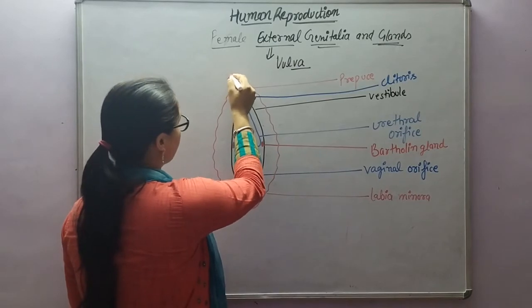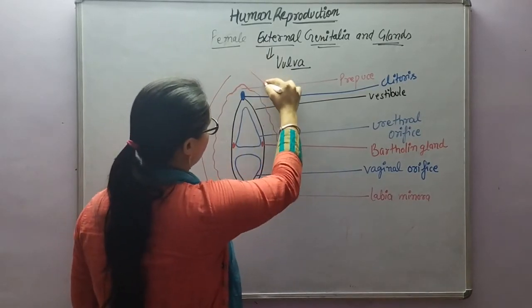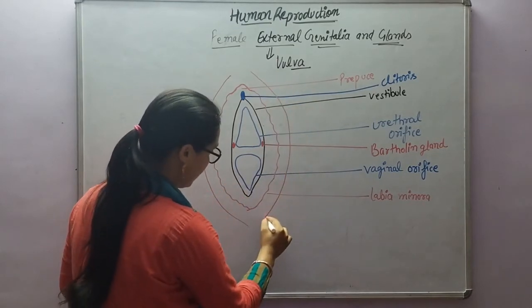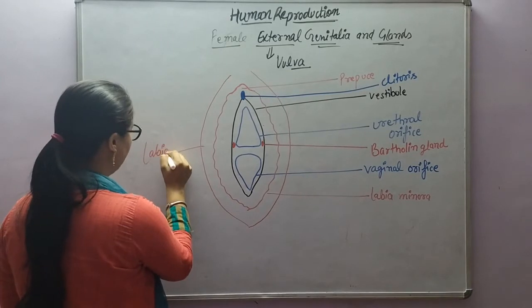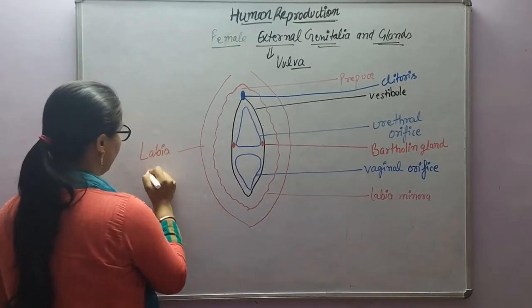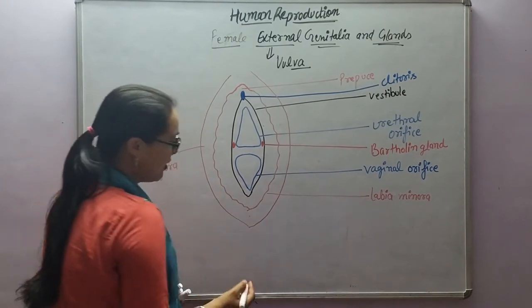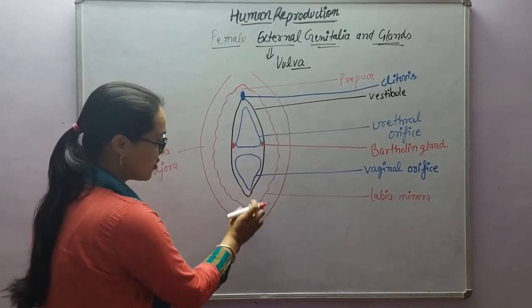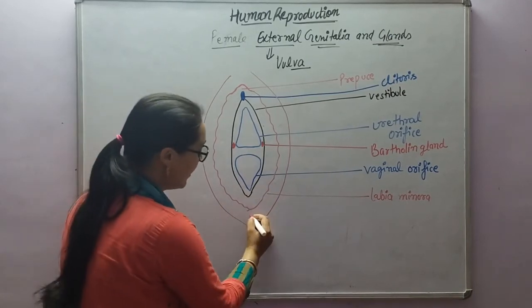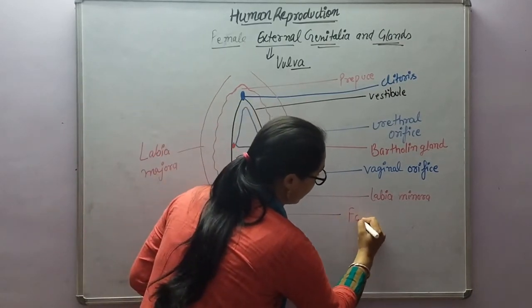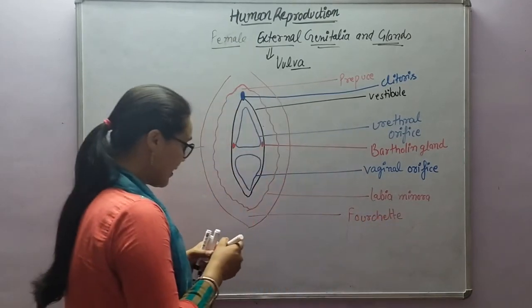Another fold of skin is present like this. This fold is known as the labia majora. The area where these membranous folds join at the posterior end of the labia minora is known as the fourchette.